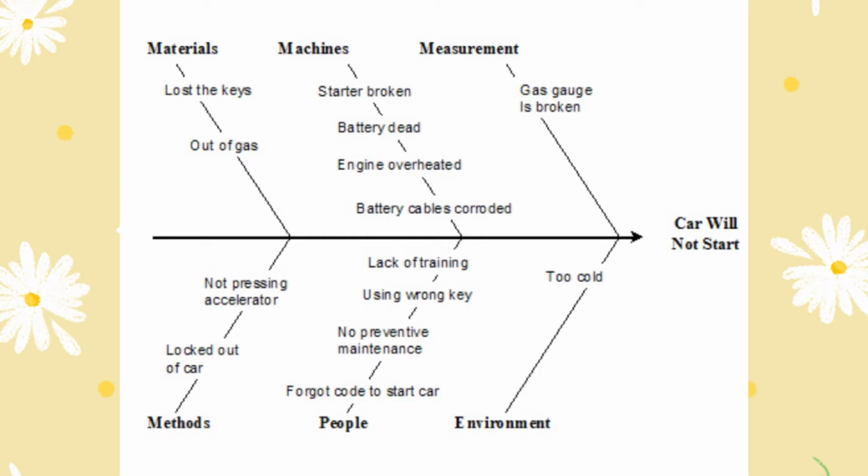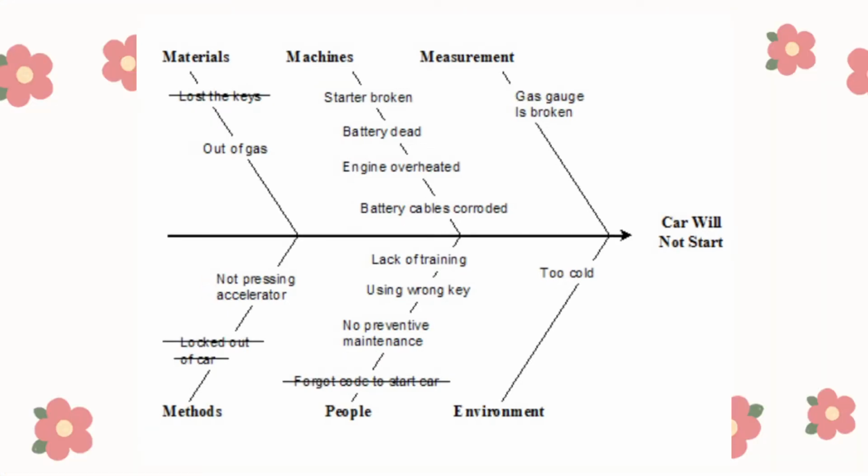Once all the ideas have been added to the fishbone diagram, the next step is to discuss the ideas and clarify any ideas that are not clearly understood. For example, suppose your team has brainstormed possible causes of why the car will not start. A possible fishbone diagram is shown here in the picture. The next step is to eliminate the ideas that everyone agrees will really not cause the problem.